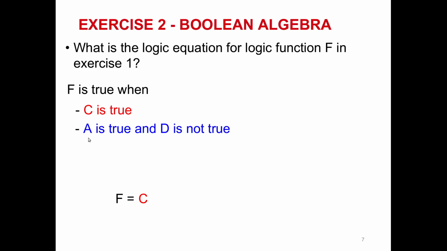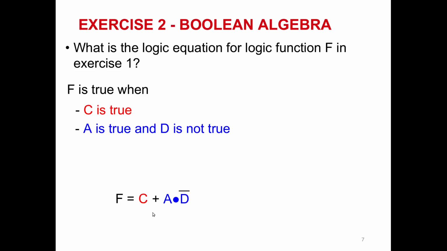This means that if a is 1 and d is 0, it will make f true, and so our logic equation changes to f equals c, or a and not d, so that when a is 1 and d is 0, it will make this part of the equation be 1.